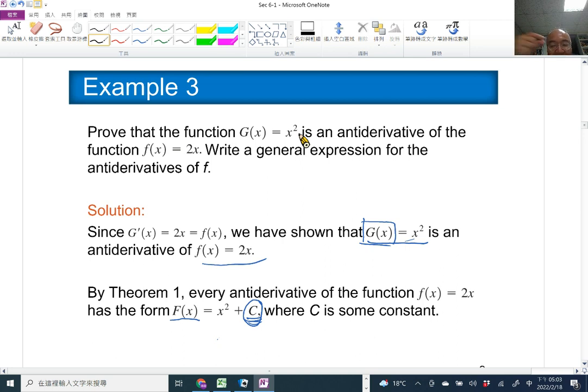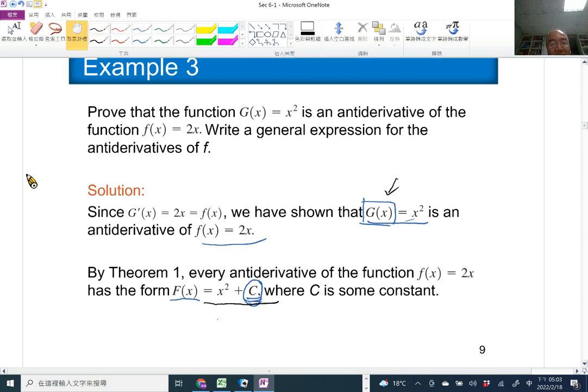Then we use that one as a core part, and all the other possible antiderivatives for 2x can always be expressed as x squared plus c, where c is any constant.